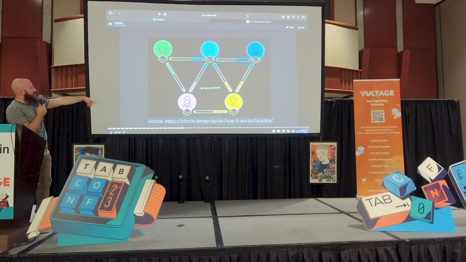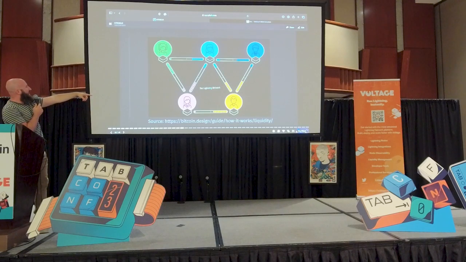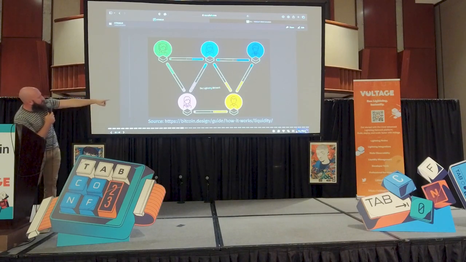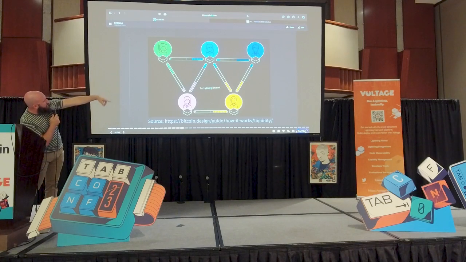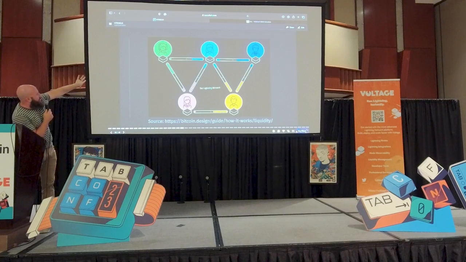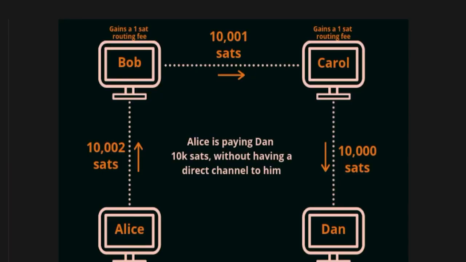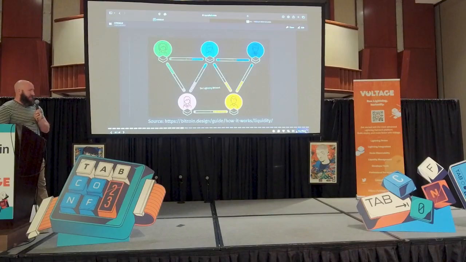Let's do orange guy is trying to pay green girl, right? So that would likely work because he's got 7 there, and it moves over, and the blue girl collects a fee. So it's very similar to the previous one. This is just a refresher of how Lightning works, and we're going to be talking about this in a more applicable context in a second.